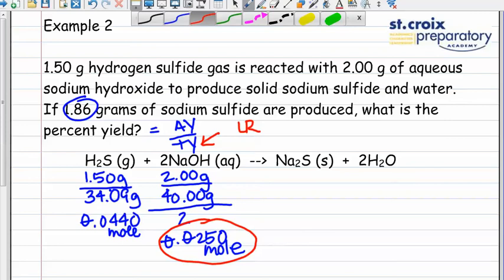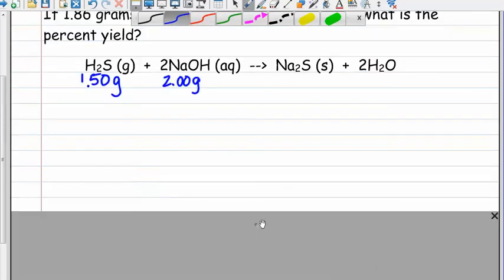I'm going to go ahead and clear my screen and show you one other way that you can do this. As I said, there's a second way to do this. I can start with either one of these gram amounts, and what I'm going to do is move through a conversion and find out if I started with that gram amount, how many grams of the other reactant would I need.